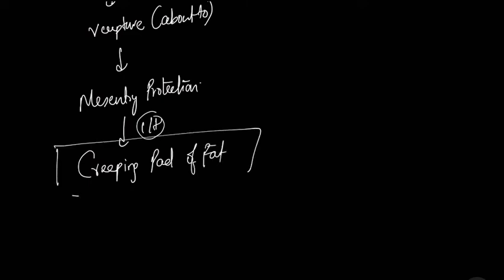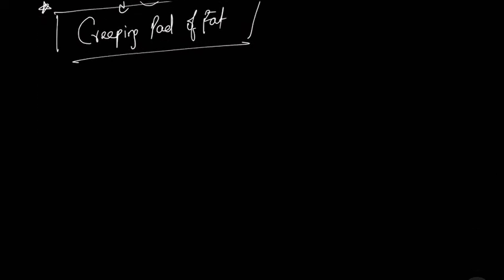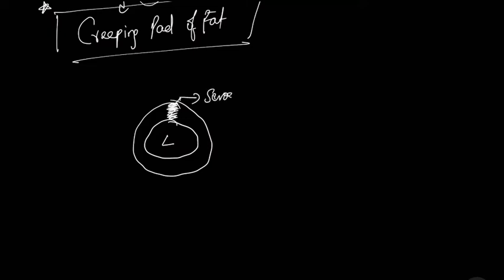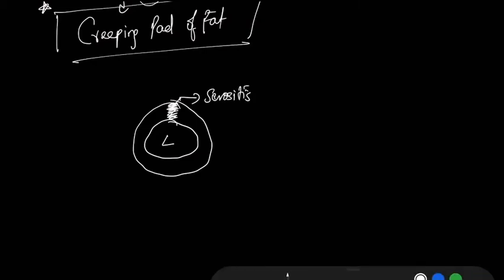This is a very important point. Please do make a note of it. So what happens, if I have to explain it to you with the help of a diagram? So this is your lumen. I'm going to write L here. This is your lumen, and here is your serosa. So here we have the inflammation, that is serositis.